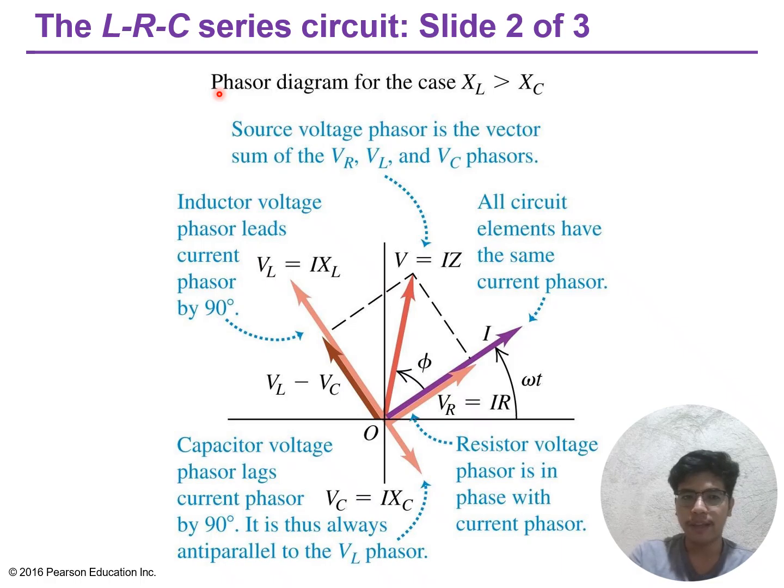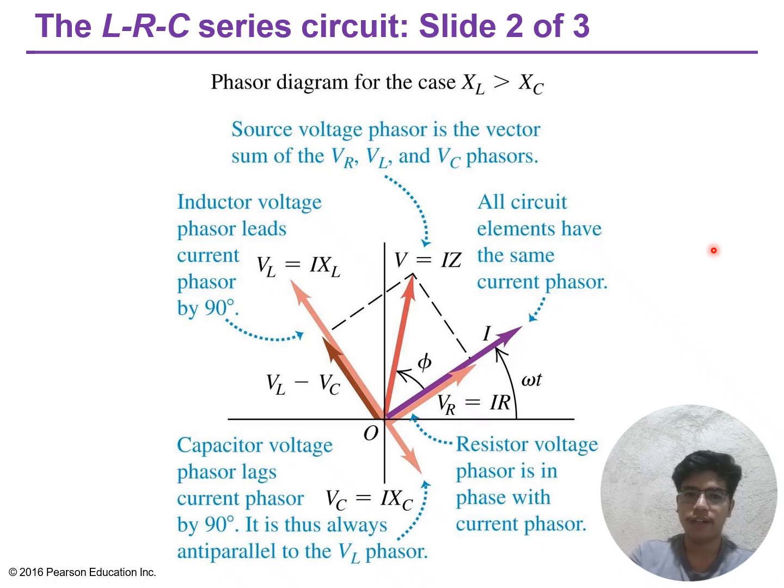And when X sub L is equal to X sub C at resonance, the phase angle is zero. The current and voltage are in phase and the maximum current flows. So the tangent of the phase angle is X sub L minus X sub C divided by R, providing a direct relationship between circuit component values and phase behavior.